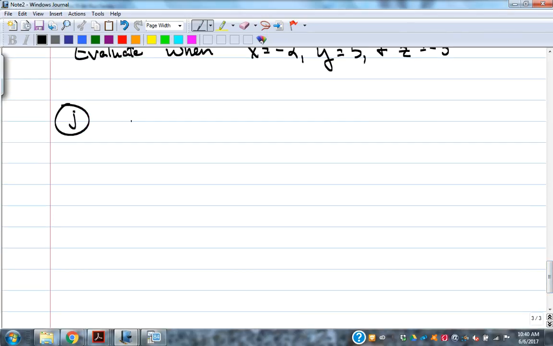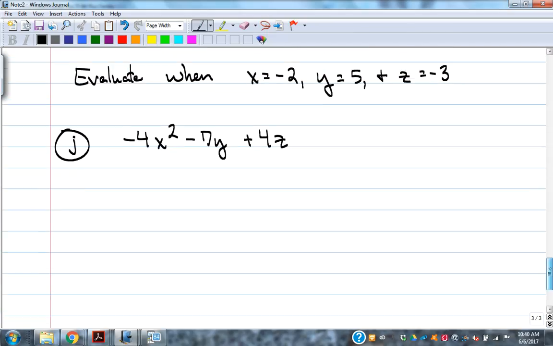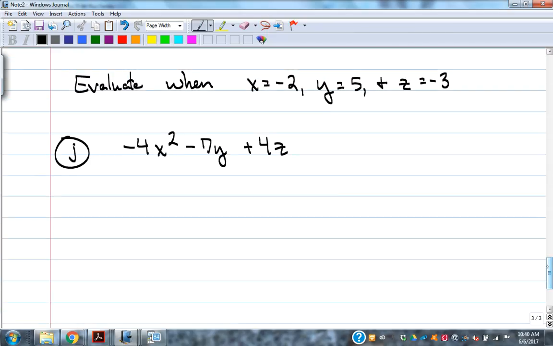All right. So let's say we had -4x squared minus 7y plus 4z. So we're just taking those values for x, y, and z that they gave us and plugging them in. And I plug them in using parentheses every time I put them in there. That will save you a ton of headaches.